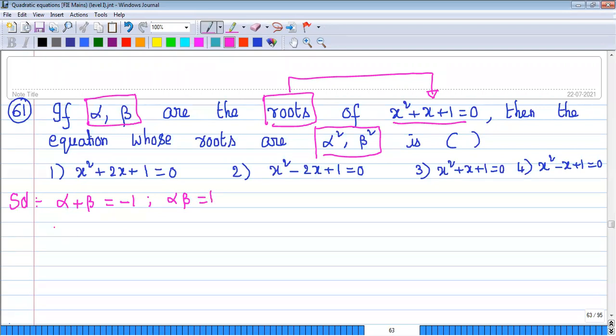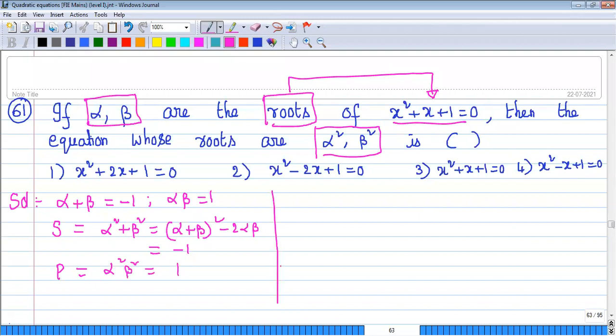Next, the sum of the roots of the resulting equation, s, is equal to alpha square plus beta square. That we can write as alpha plus beta whole square minus 2 alpha beta. So 1 minus 1. Product of the roots is equal to alpha square beta square, which is 1. Required equation is x square minus sx plus p equals 0.